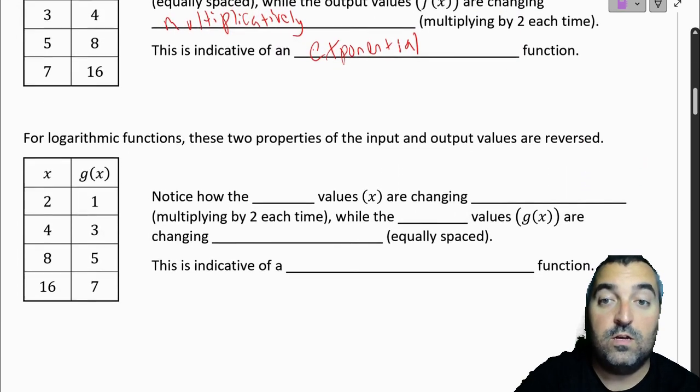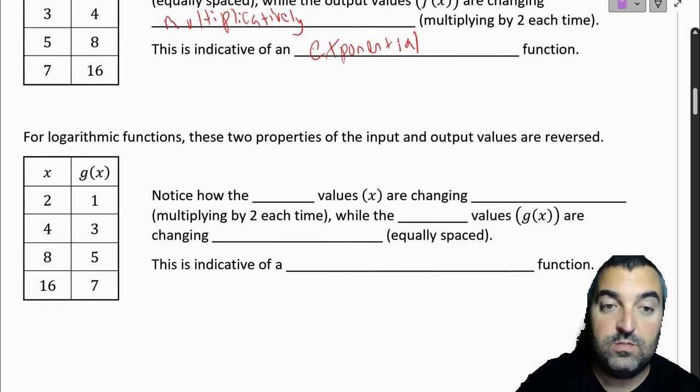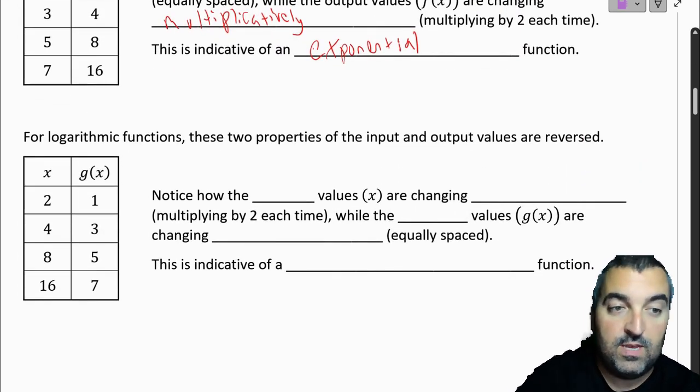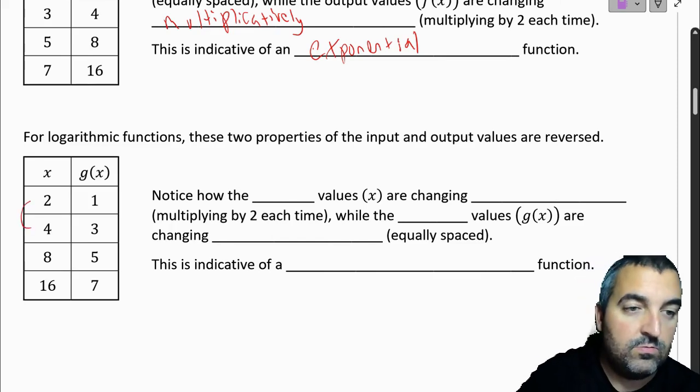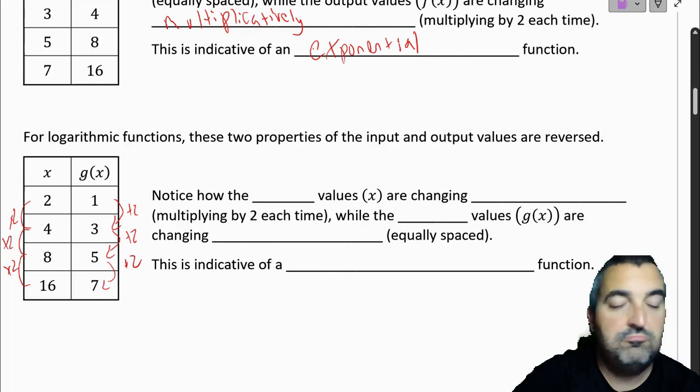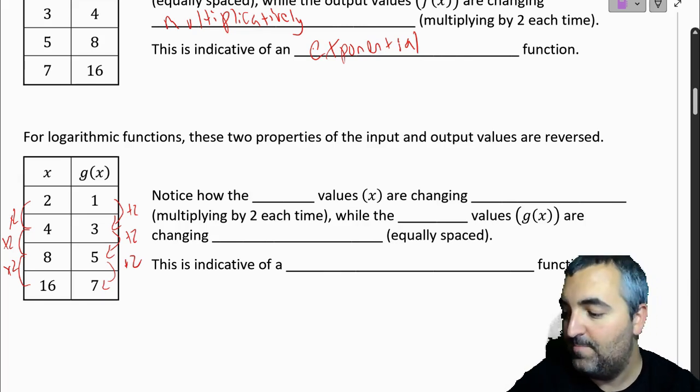Okay. For logs, though, we're going to reverse those properties. So in other words, this table shows us a log. So here we're going to see that, 2 to 4, 4 to 8, 8 to 16, that's times 2. Well, now my y's, though, are adding. And again, same number, but it didn't have to be, right?